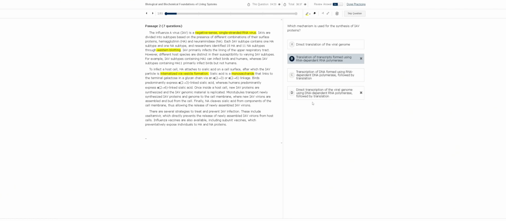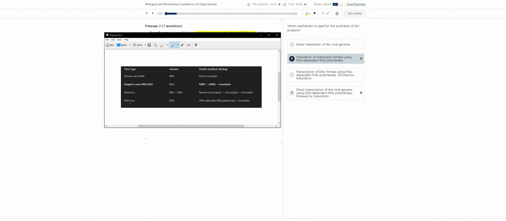Now let's look at answer choice D. Direct translation of the genome using DNA-dependent RNA polymerase. This is talking about what's called a DNA virus. If I put a diagram right here, a DNA virus, it converts its RNA into DNA. It's DNA to RNA, my fault, it's the other way around.